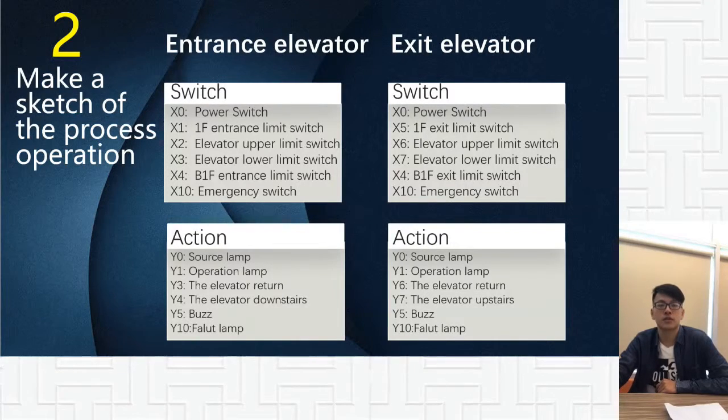X10 is the emergency switch. And our outputs: Y0 is the source lamp, Y1 is the operation lamp, Y3 is elevator return, Y4 is elevator downstairs and upstairs, Y5 is the buzzer, Y10 is the fault lamp.